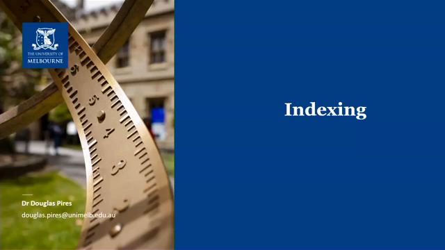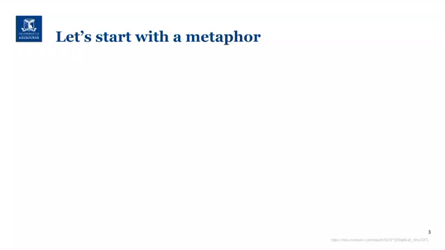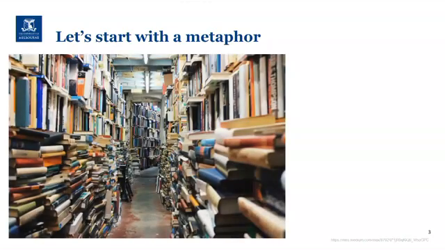And today we're going to talk about indexing, which basically deals with information retrieval. So how do we access data quickly and efficiently from large databases? To start with, let's use a very simple, very broad metaphor. We have a lot of data, and we've been accumulating data over the years.